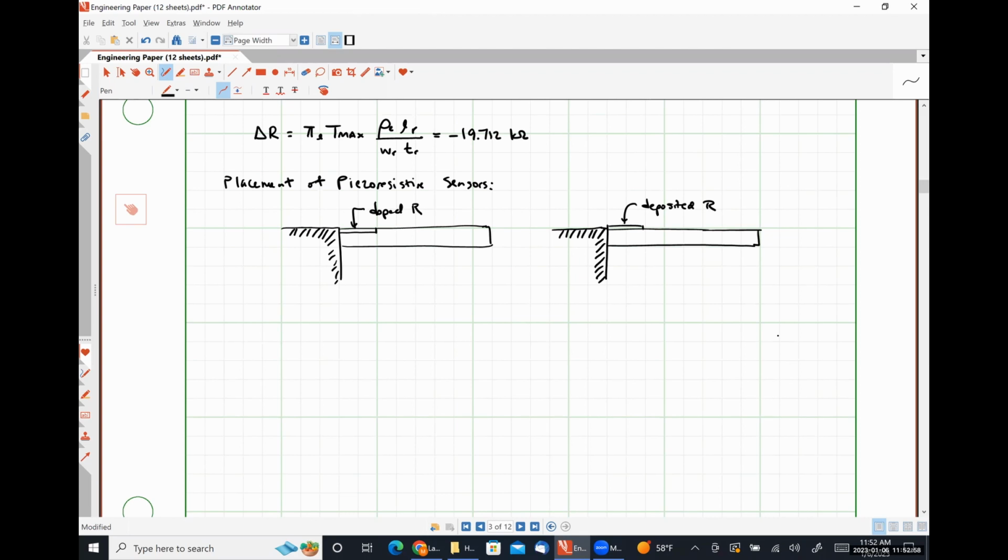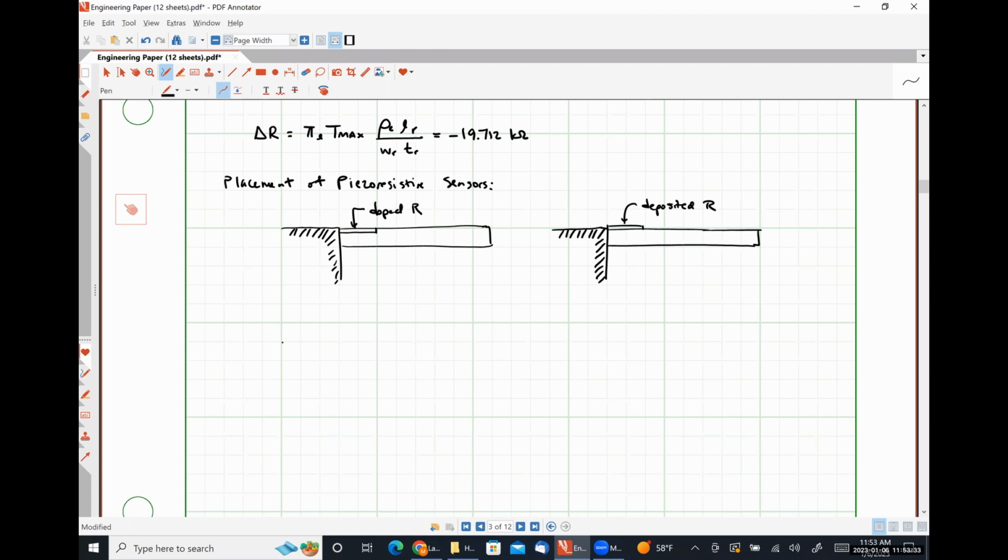So it's a question of, are you going to dope single crystalline silicon to make your piezo resistor, wires, etc., or are you going to deposit polycrystalline silicon to make your piezo resistors, wires, etc.? And then because you took the integrated circuits class, you're aware that the polycrystalline silicon is going to have to be doped in order to make it electrically conductive anyway. So the cost of processing is going to define that.